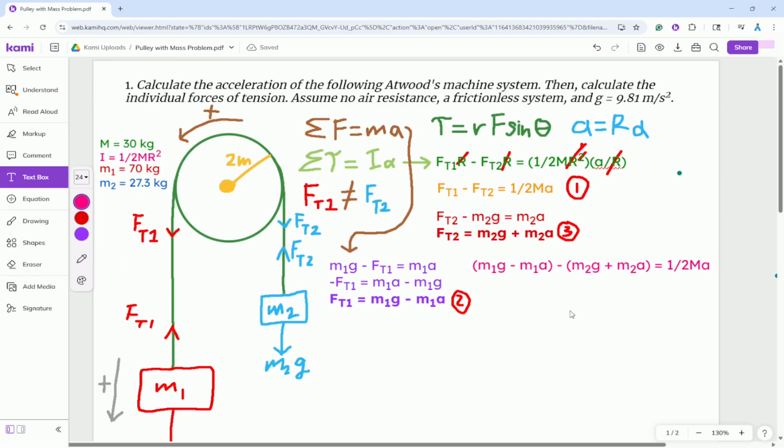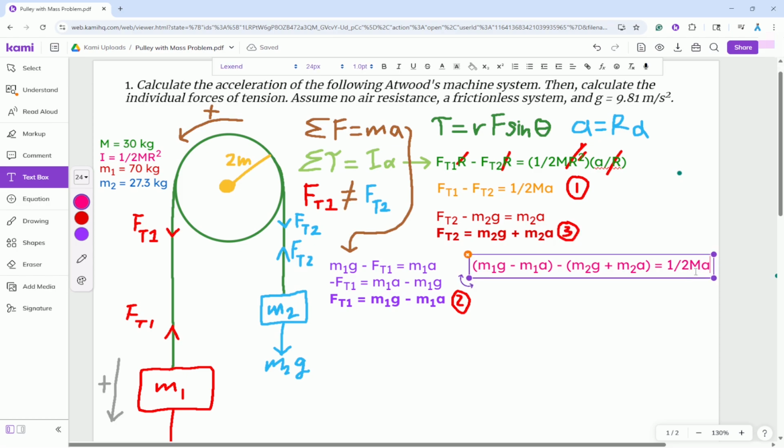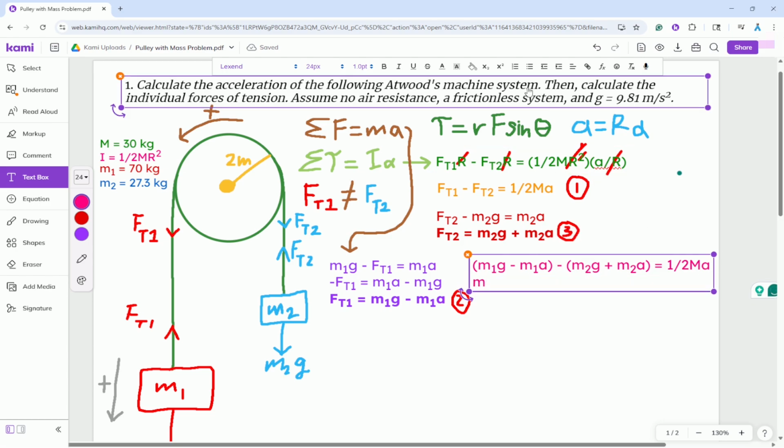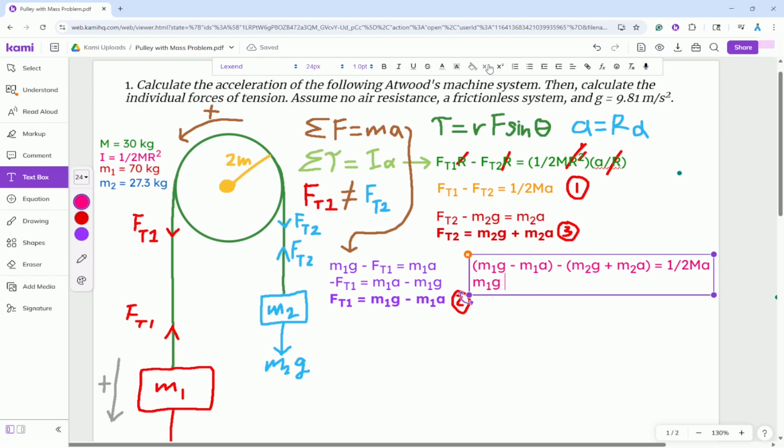It's going to be the same. The radius is independent. It doesn't matter. So now we just distribute the negative, right? And we can remove the parentheses. So M1G minus M1A minus M2G.